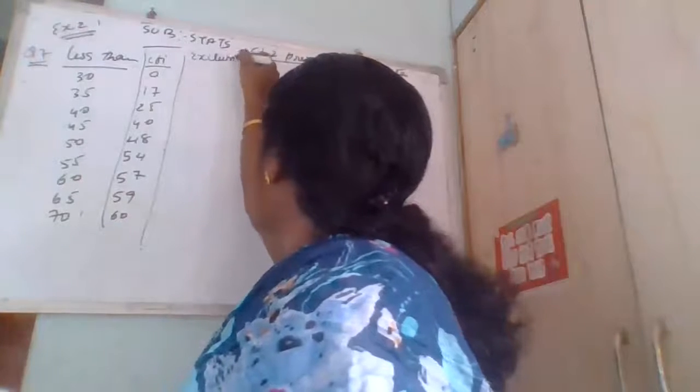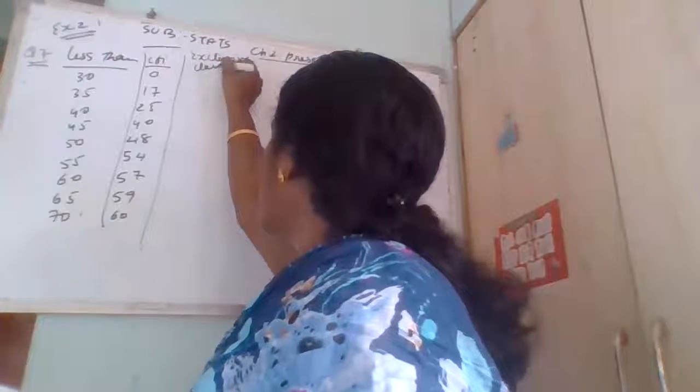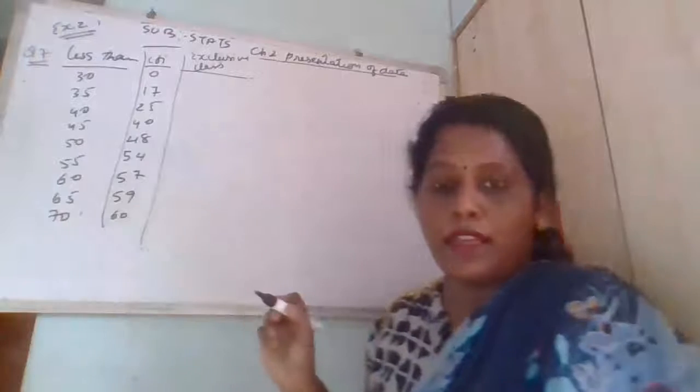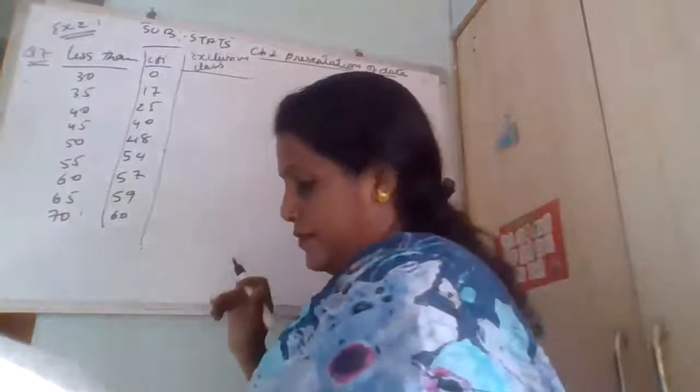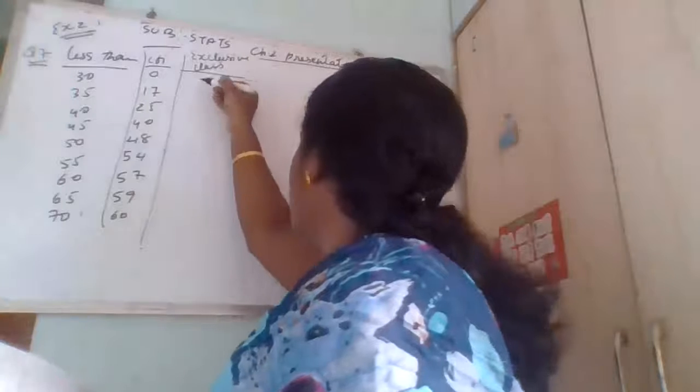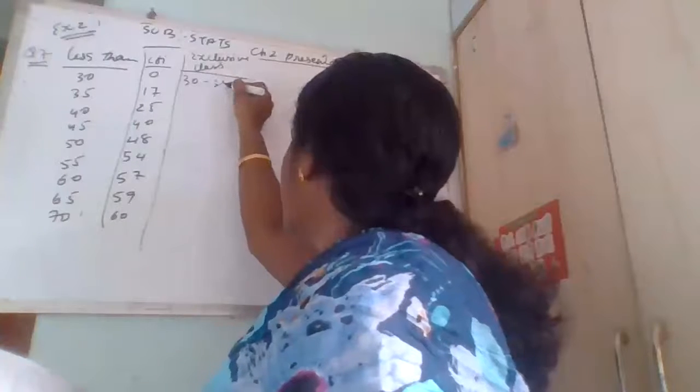So first you have to find your exclusive class. So what is your exclusive class? 30 to 35.